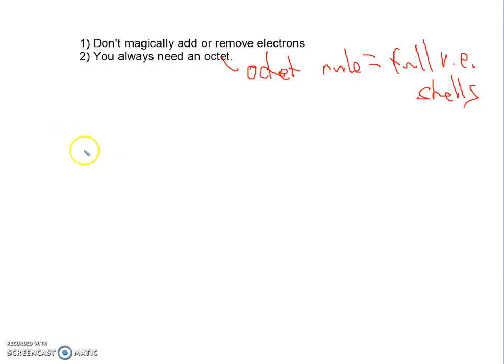So let's say you have something like, I'm trying to think of a kind of challenging one. Okay, CO2, that's a challenging one. So you take the one that makes the most bonds, which is C, put its valence electrons in there, and then surround it with O, 6 valence electrons. There are 2 O's. Alright, and then you're going to want to start bonding these up so that they each have 8.